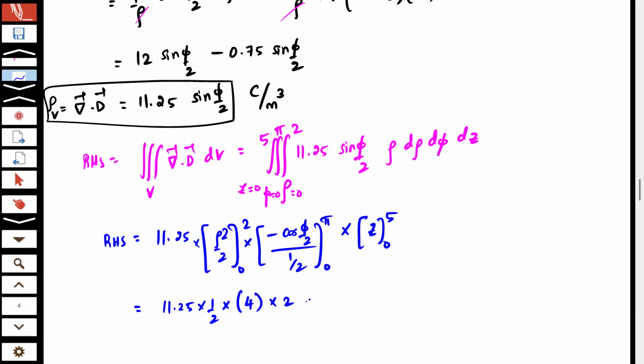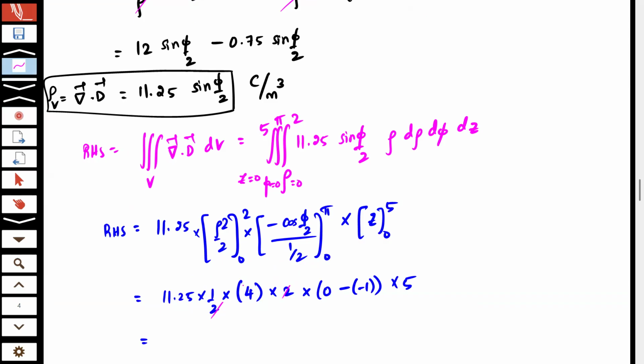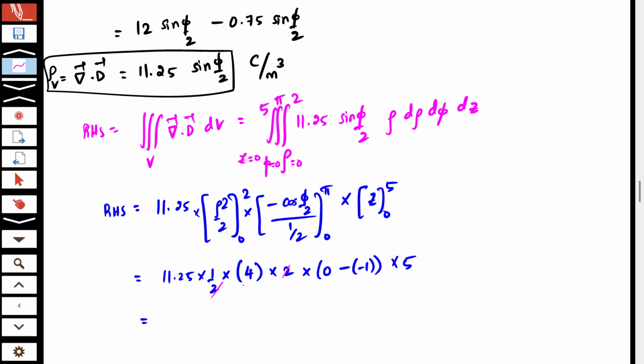And we'll get cos(pi/2), which is 0, minus of cos 0, which is minus 1, into 5. So altogether, you will be getting the answer. This 2 and 2 can be cancelled, and you will be getting 11.25 into 20. So that is going to be equal to 225 coulombs.